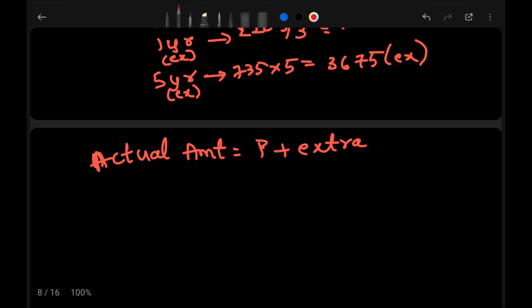Now if we cancel this, 5s are 20s, it is going to be 0.6 by 0.6. It's going to be 12%.